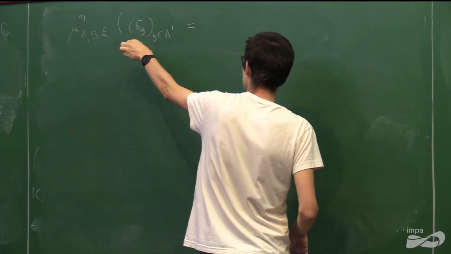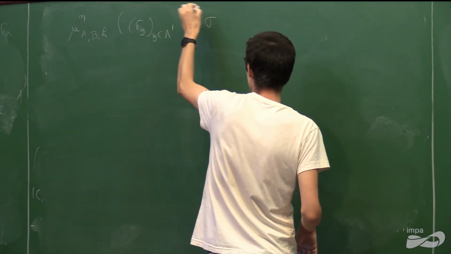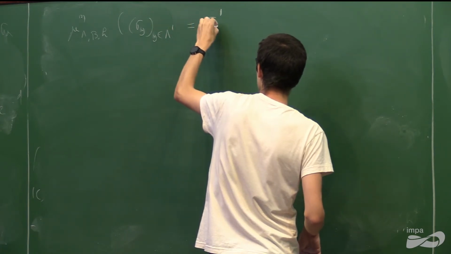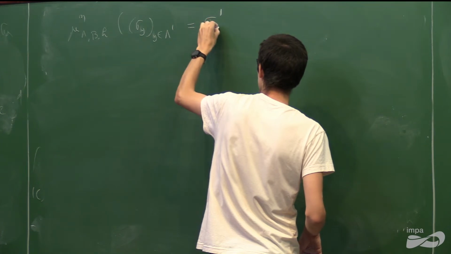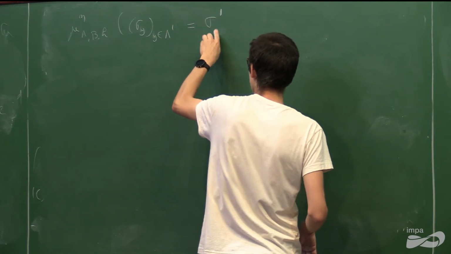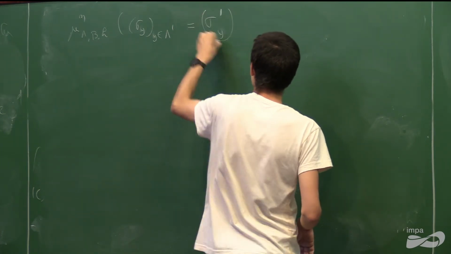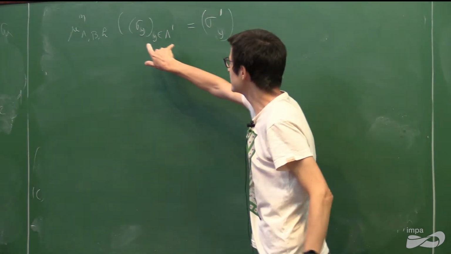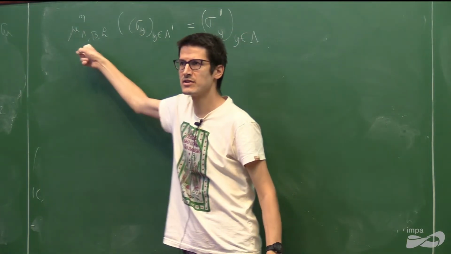I want to know the probability that this is equal to sigma prime. Here, this is a random variable associated to this measure.